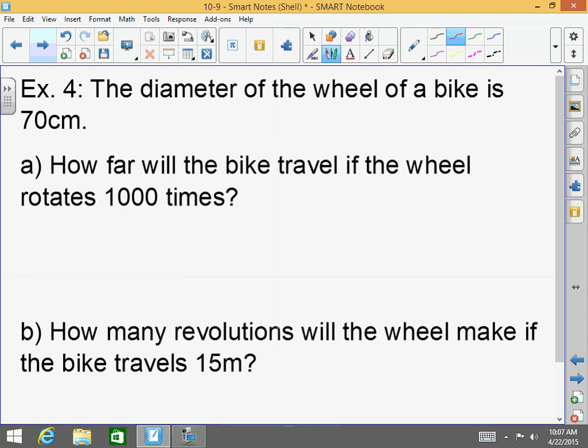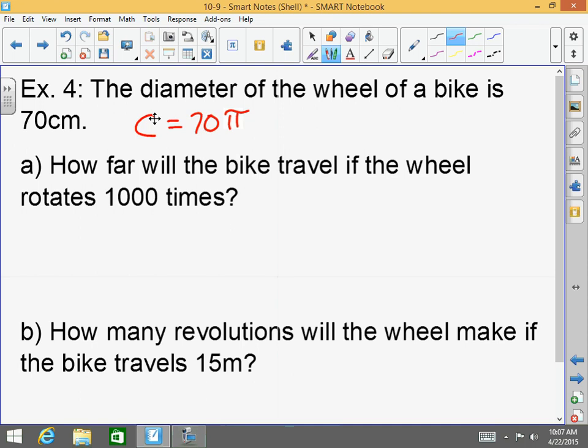So the distance that it traveled was equal to the circumference. So let's first find the circumference of the wheel. Circumference is going to equal diameter times pi, so 70 pi. That is the distance of one full rotation of this circle.